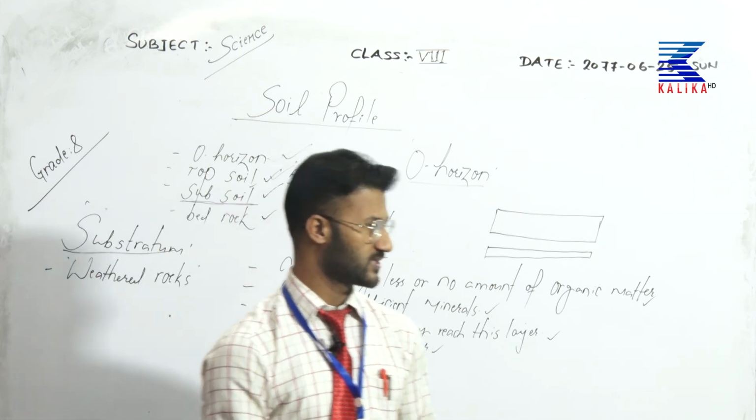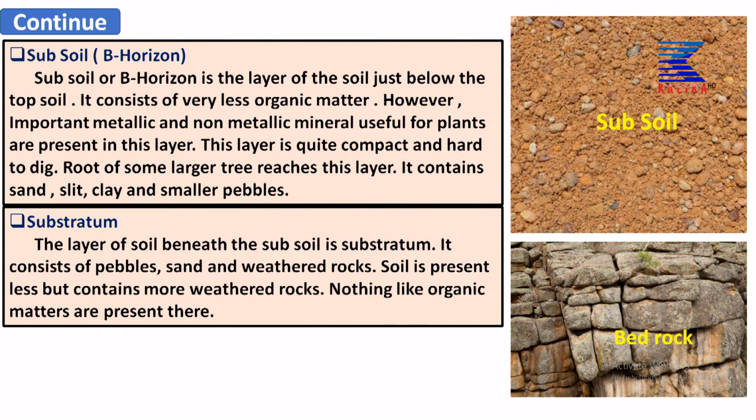See the screen once there. There is written something about substratum. The layer of soil beneath the subsoil is substratum. It consists of pebbles, sand and weathered rocks. Fine soil which contains organic matter is present less, but it contains more weathered rocks. Nothing like organic matter is present there. Okay, this is what substratum is.